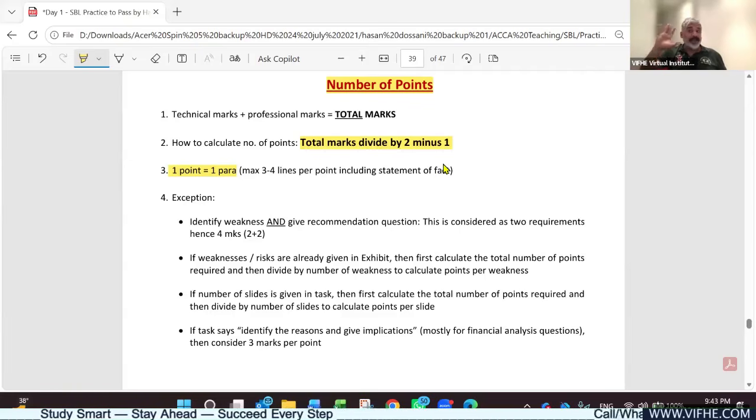If we are supposed to write 10 points, I'm not talking about marks, then how many paragraphs should I expect to see? 10 paragraphs.